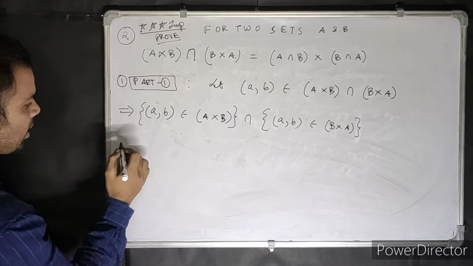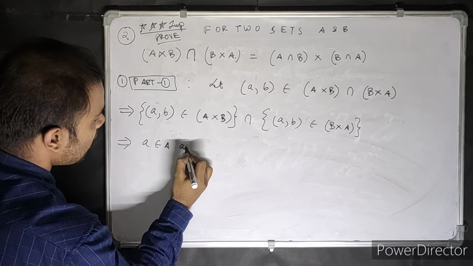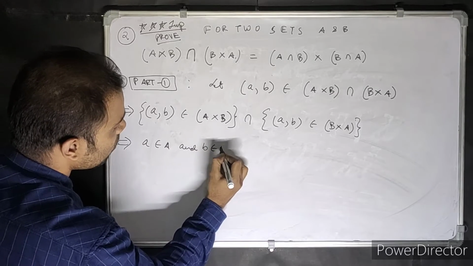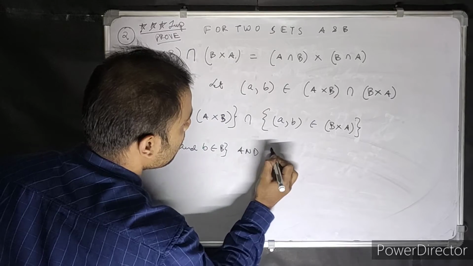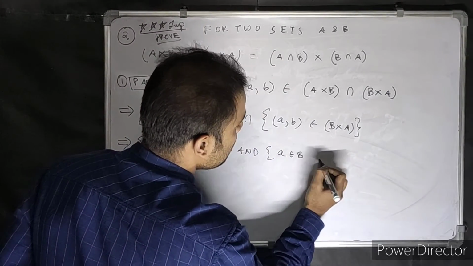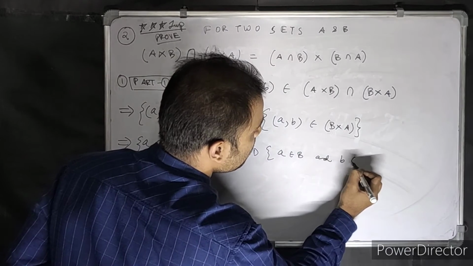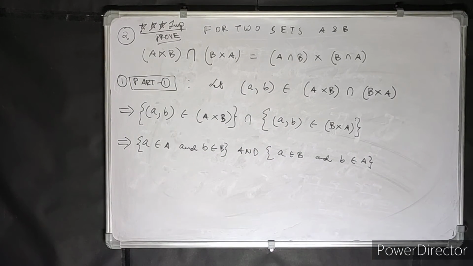Next, from here what can you write? Then you can write a belongs to A, and b belongs to B. Put it in a curly bracket and write and, just to differentiate, a belongs to B and b belongs to A. So now you can see what belongs to what.